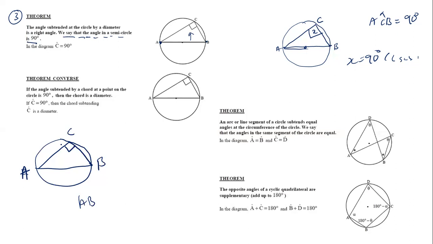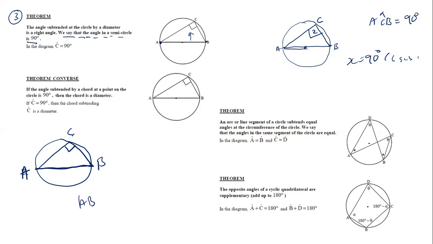The only thing that can help you to say AB is a diameter is what? You're going to use the converse of theorem number 3. So what are you going to say? If you are given that angle C is 90 degrees, that means AB will be a diameter, because we know that if we have 90 degrees here, only a diameter can subtend that angle at the circumference.